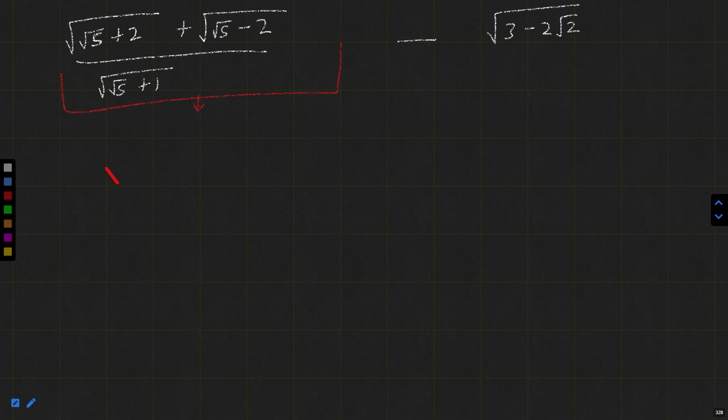The first thing that comes to our mind is to rationalize the denominator part, which is this. How we are going to rationalize this is quite interesting, and how one can think of it is very simple also. Let me write it for you, root of root 5 plus 1.